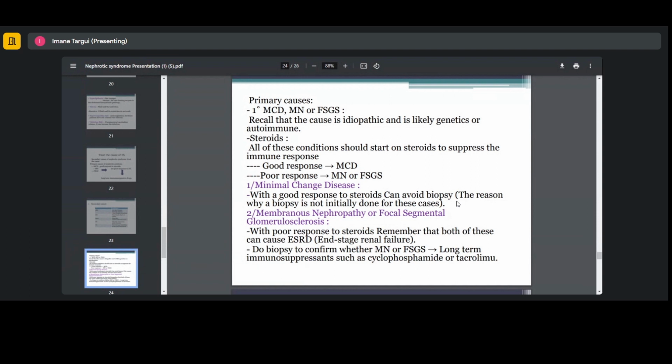All these conditions should start on steroids to suppress the immune response. Good response, as we said before, in minimal change disease, they respond to steroids, so we can avoid biopsy and don't do it. Membranous nephropathy has a poor response, they don't respond to steroids, and we can do biopsy in this case.